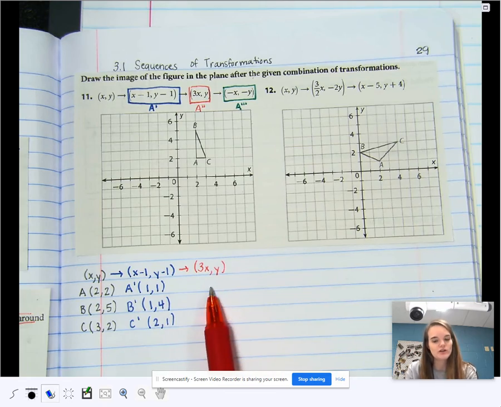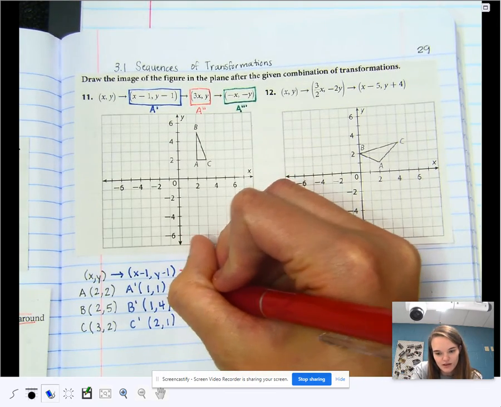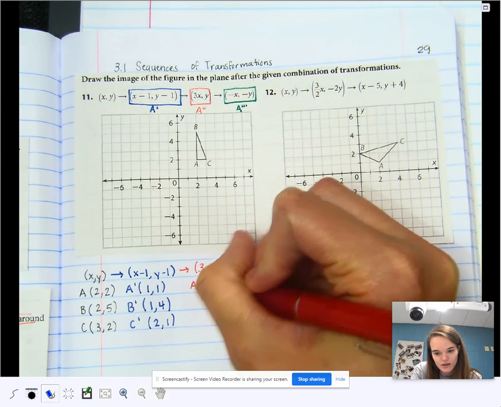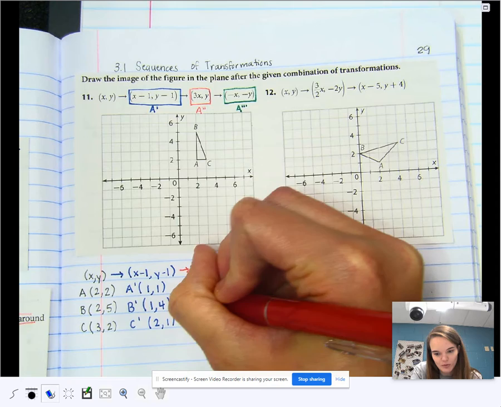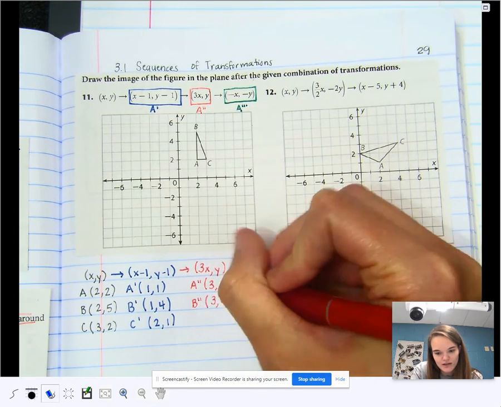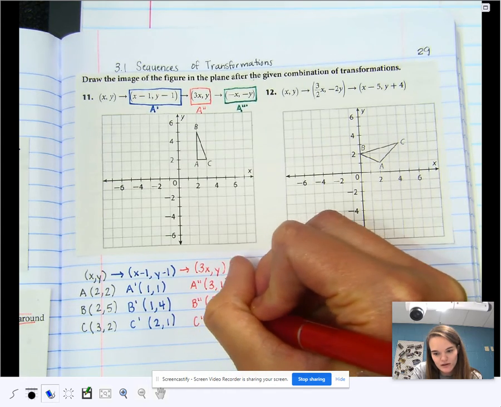horizontal stretch. It's not a dilation because it's not (3x, 3y). So A double prime, I have (3, 1). B double prime, I have (3, 4). And C double prime, I have (6, 1).